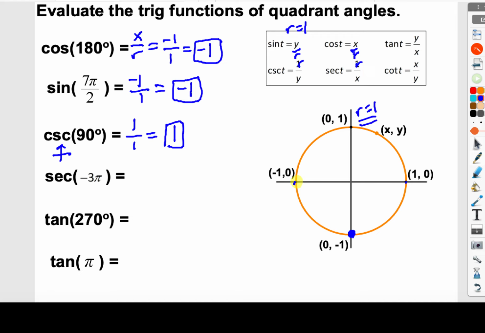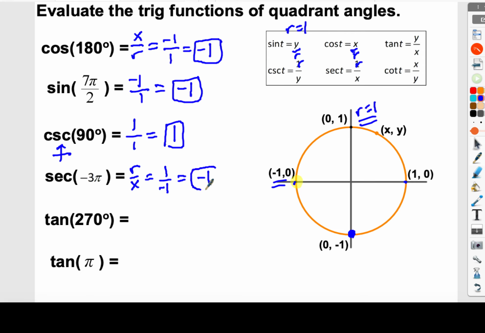Secant at -3 pi. We'll go around our circle 1, 2, 3 pi times. So we're going to be over here on the left. Secant is the reciprocal of the cosine. So we're going to be r over x, r being 1, x being -1, since we went to the left.